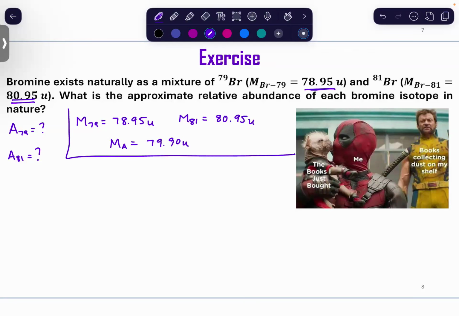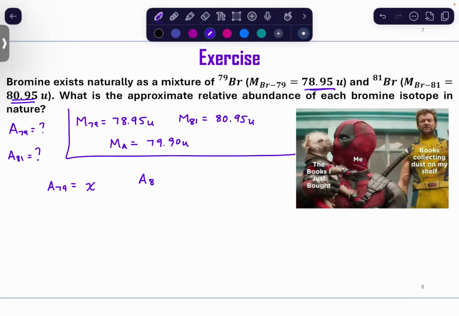All right, now I have to ask myself, how can I set up an equation with these abundances? Well, remember, both isotopes have to add up to 100%. They have to add up to 1. So I'm going to say my abundance of bromine 79 is going to be X. I don't know what it is.